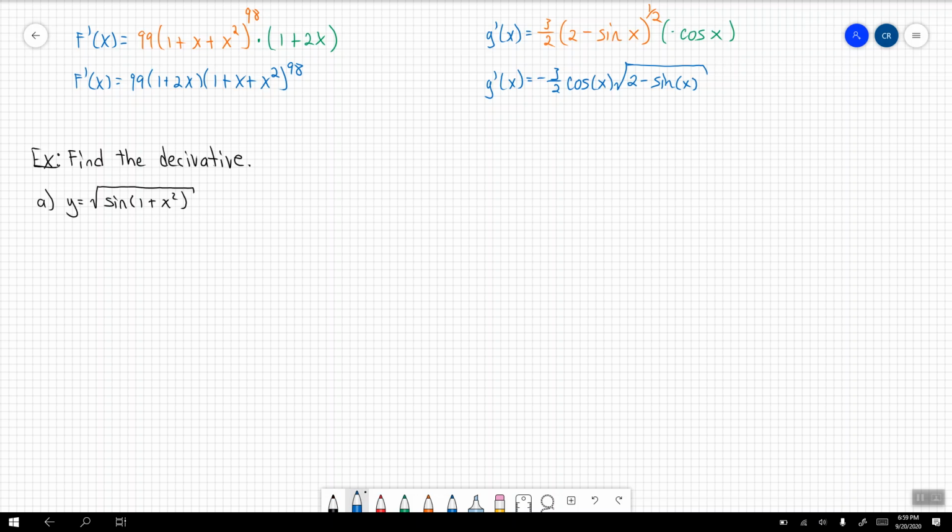I'm going to rewrite this as y is equal to sine of 1 plus x squared, all this to the power of 1/2. Now, the big outside function, that's this big function to the power of 1/2. So this is your outside function.